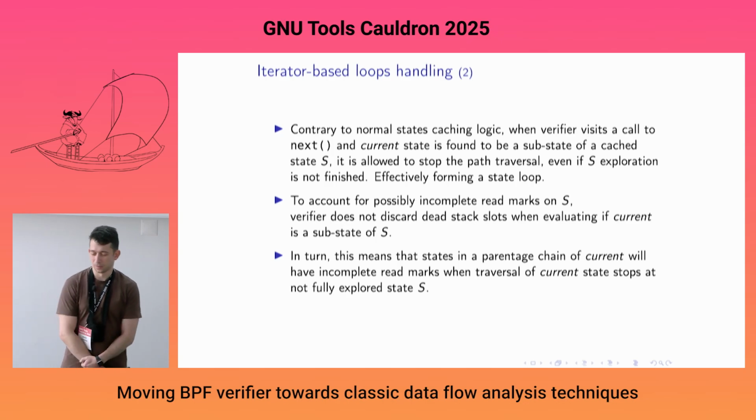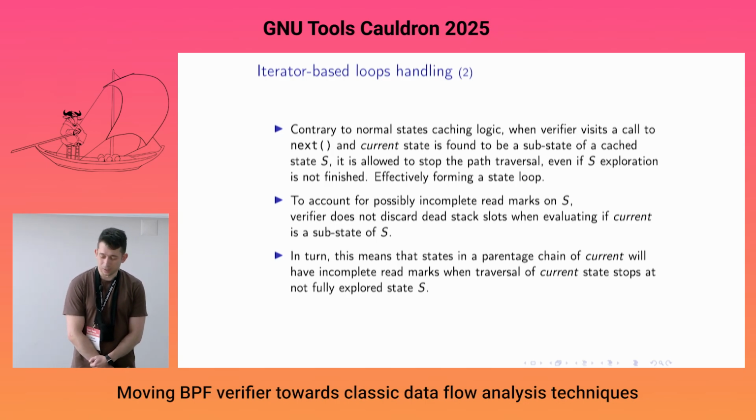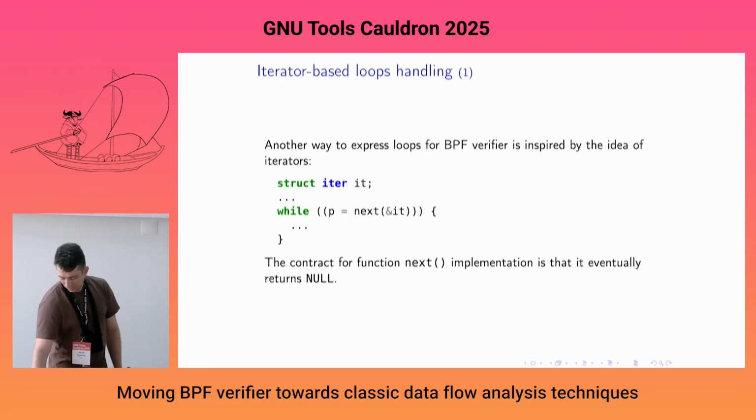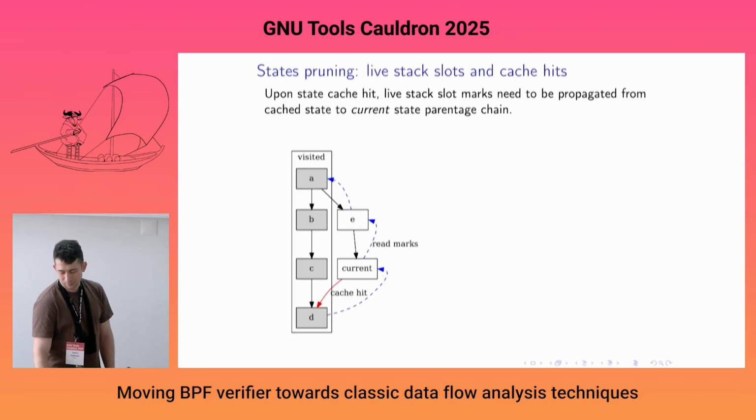We are allowed to stop this path traversal, but we cannot use the read marks for the state when comparing states for the substate relation. What this means is that, like in this diagram, we cannot propagate this information back because it is not yet complete.